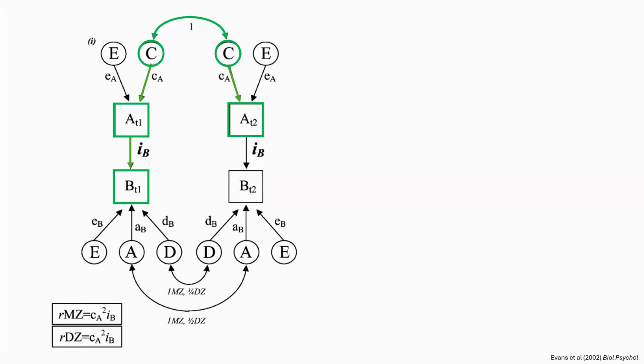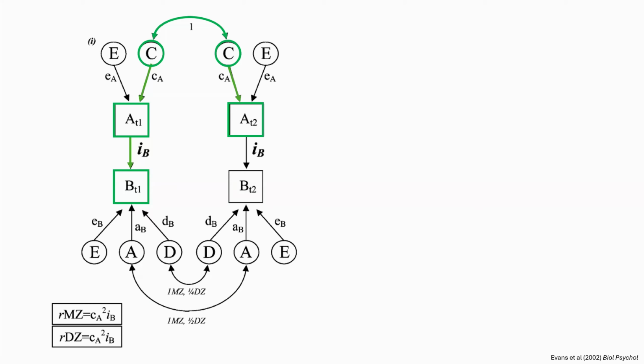So we have our expected cross-twin cross-trait covariance as CA squared times IB, assuming that variable A causes variable B. Notice that the expected cross-twin cross-trait covariance doesn't change according to whether you are an MZ or a DZ twin. That fact will be important in a moment when it comes to distinguishing the direction of causation.